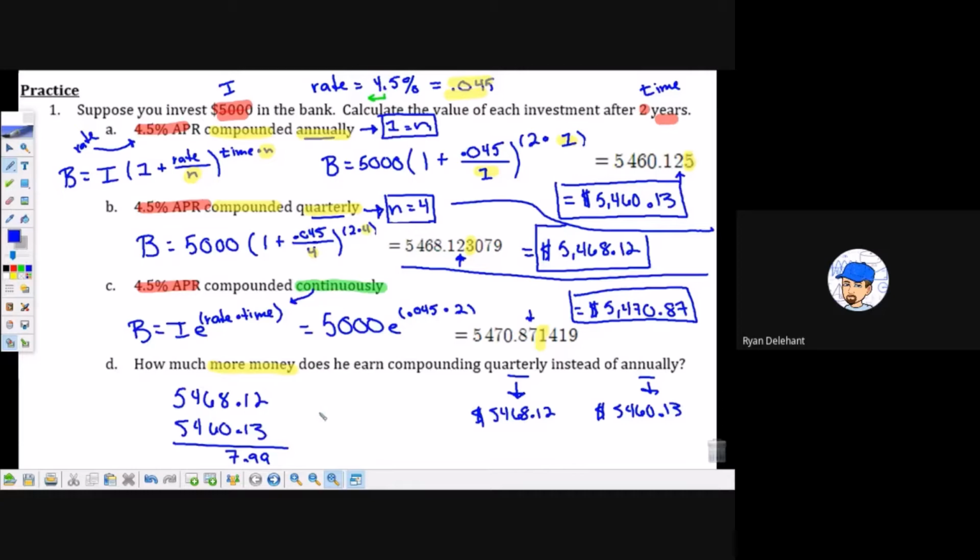So that means we made $7.99 more. So when you're asked to compare these things, you've got to go through, apply the right formula, and find those values. Usually it's going to ask you which one's more, how much more you made, how much profit you made would be another one that you'd need to look at.